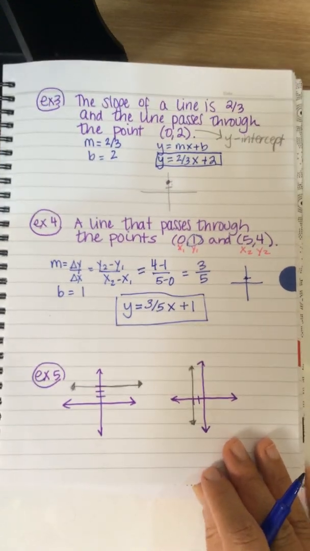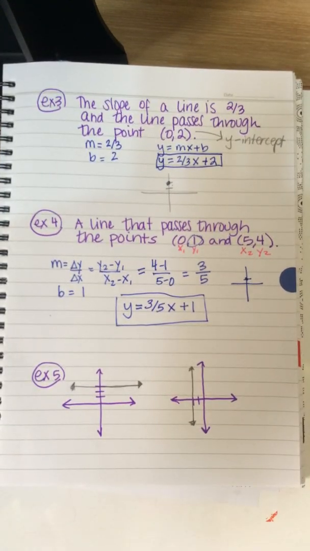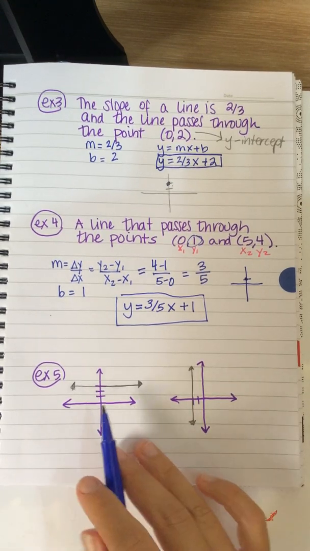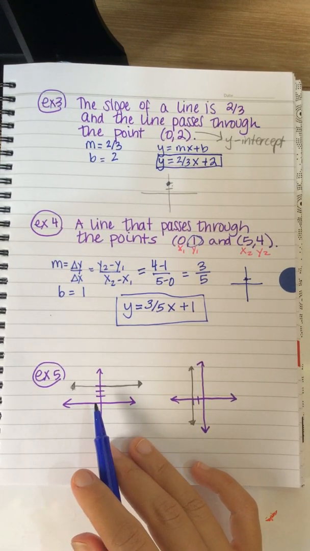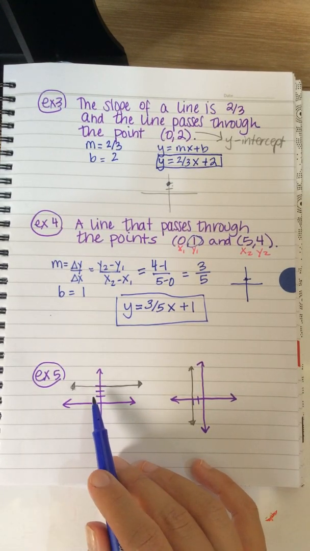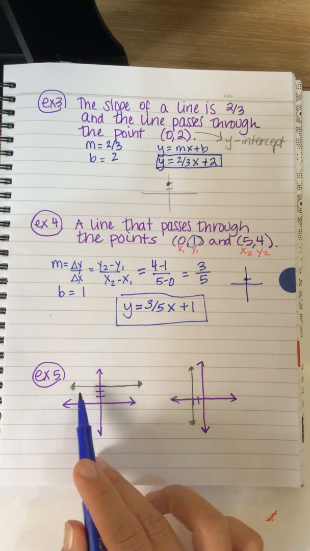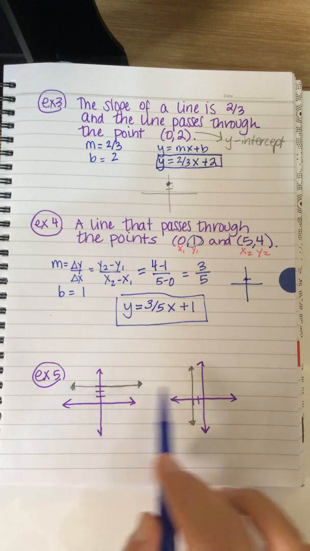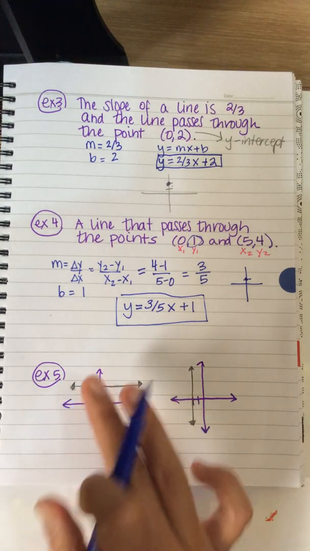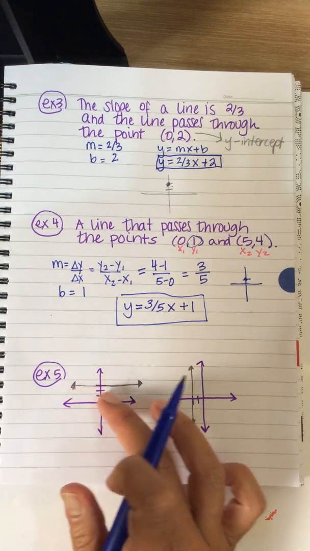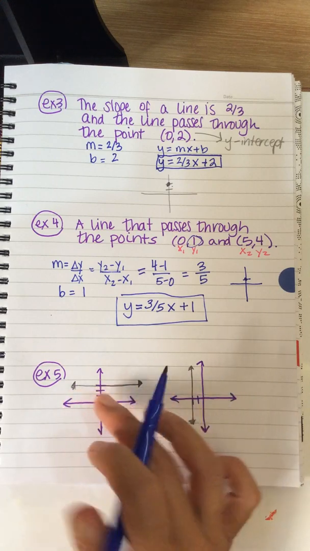All right, and now these are some tricky ones where you have to figure out the equation of a line from just straight lines. So this is a horizontal line, right? It goes left to right. If this is a horizontal line, hopefully you guys can see that the slope is flat. There is no slope.